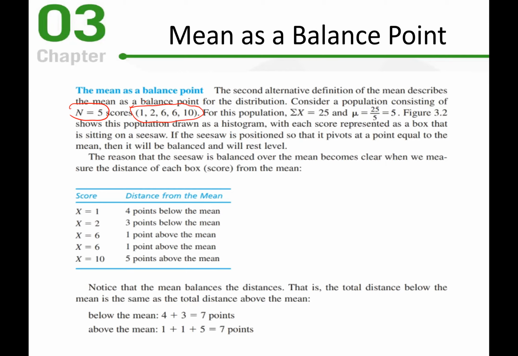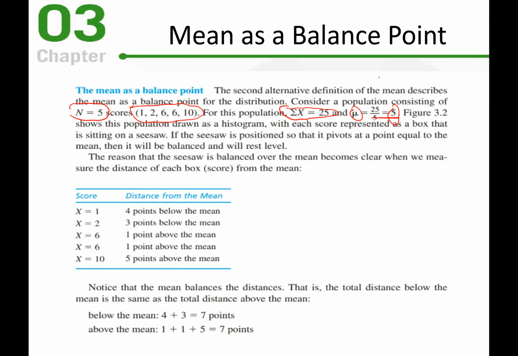The total of those scores is 25, and if we were calculating a population mean, this mu symbol right here, it would be 25 divided by 5, which gives us 5.